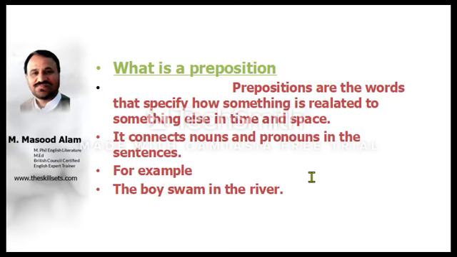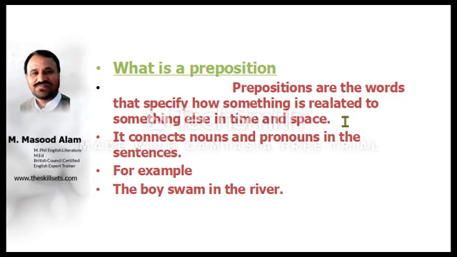Okay, now we come towards the second slide, and you, listeners and viewers, will further come to know what a prepositional phrase is. Prepositions are the words that show how something is related to something else. I have told you earlier what a prepositional phrase is and how prepositional phrases get a complete shape.